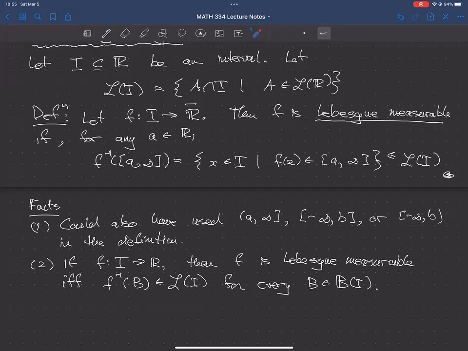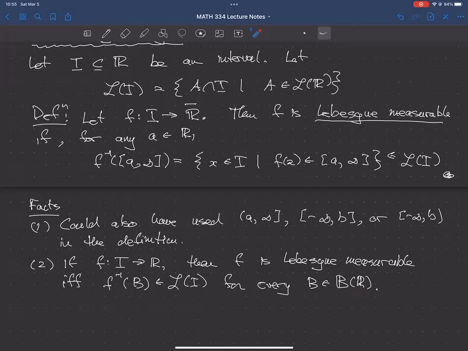Okay, so I now have a regular real valued function. And rather than taking pre-images of sets like this, one of the differences is the possibility of including infinity here. Borel sets are subsets of R, so they don't include infinity.